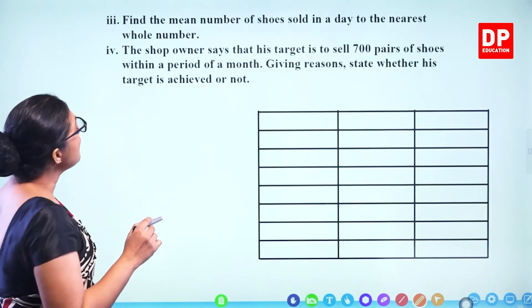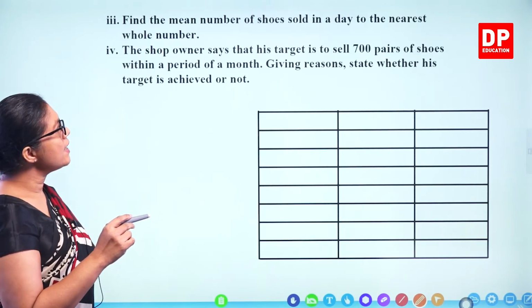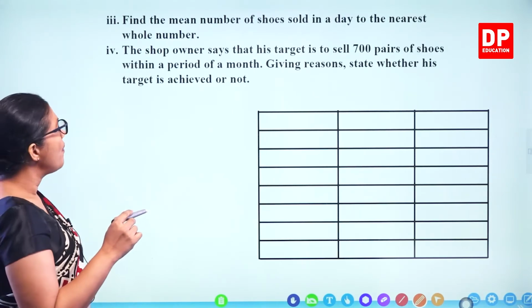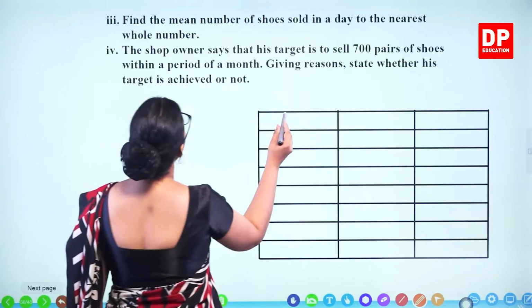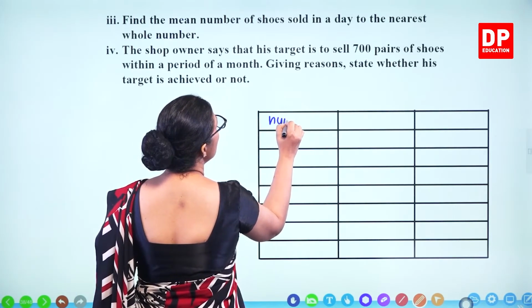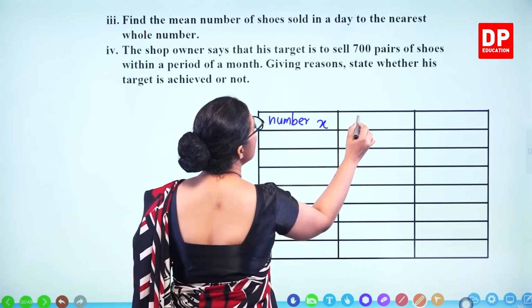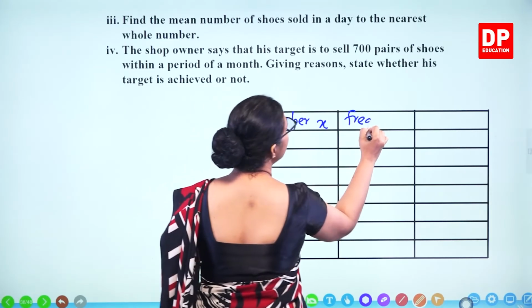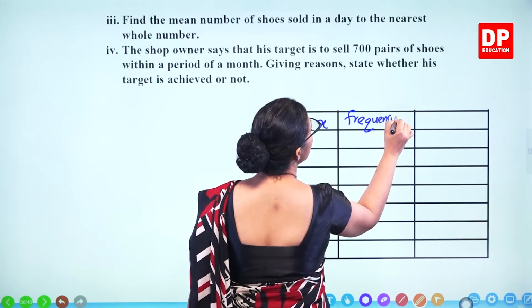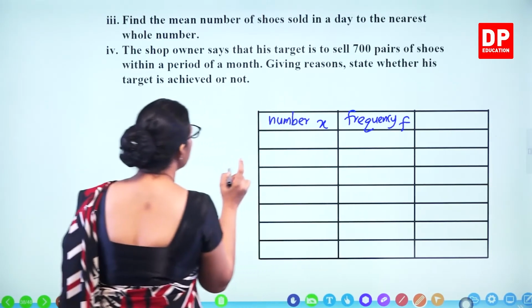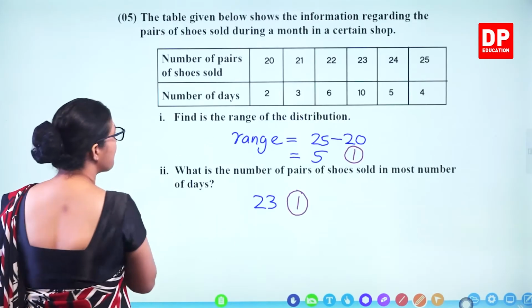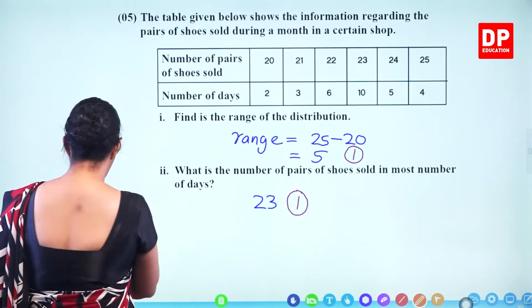Part 3, find the mean number of shoes sold in a day to the nearest whole number. So that means you have to calculate the mean. So we'll construct the table. Number, we can take X. Frequency, you can take F. So what are the numbers? 20 to 25.